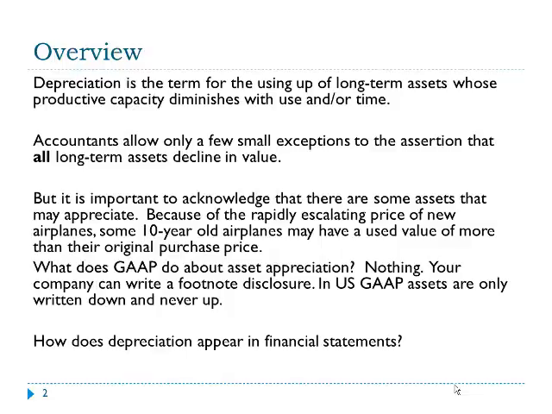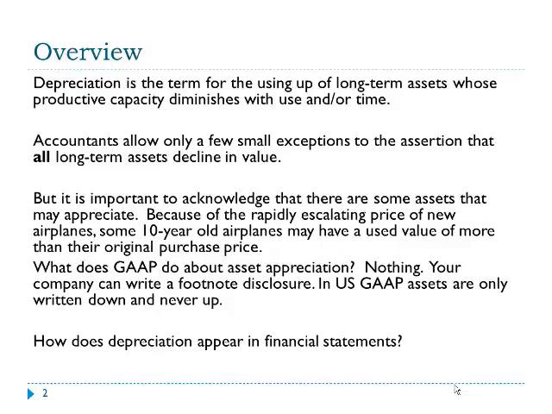Depreciation is the term for the using up of long-term assets whose productive capacity diminishes with use or time. Accountants allow only a few small exceptions to the assertion that all long-term assets decline in value, but it's important to acknowledge that there are some assets that may appreciate.